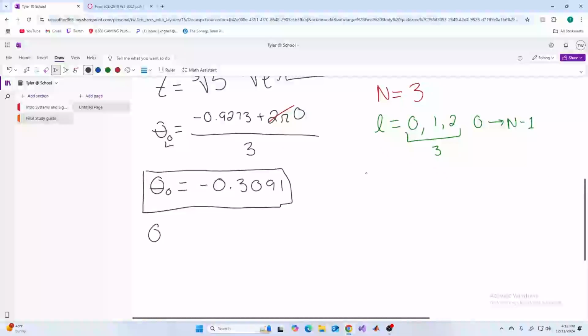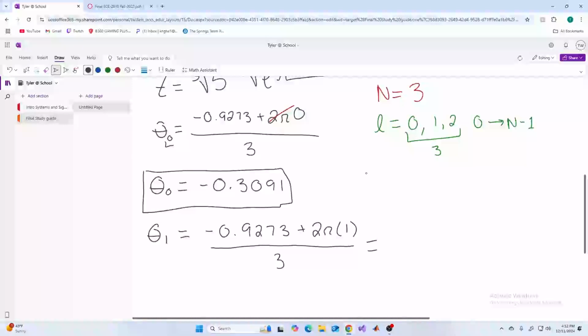Now I need theta 1, which is equal to negative 0.9273 plus 2 pi times 1, divided by 3.